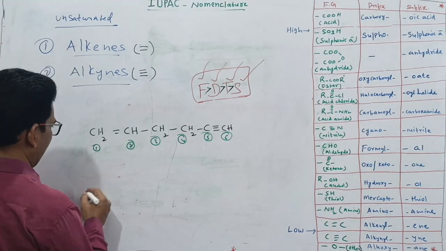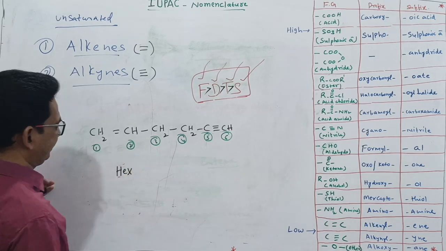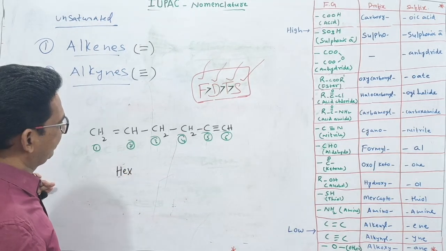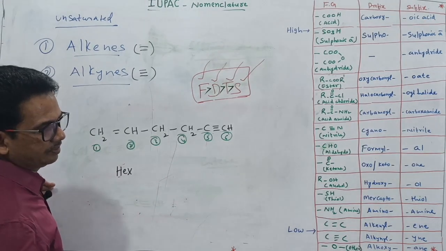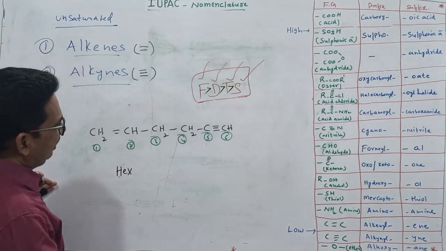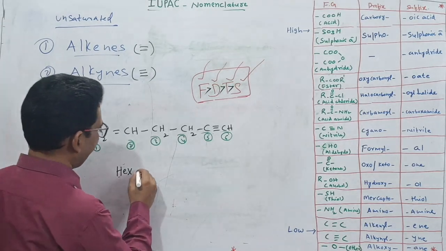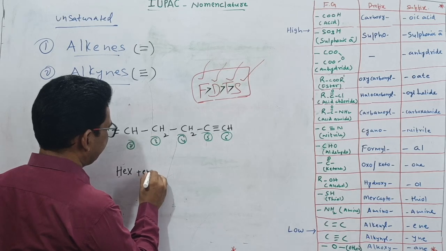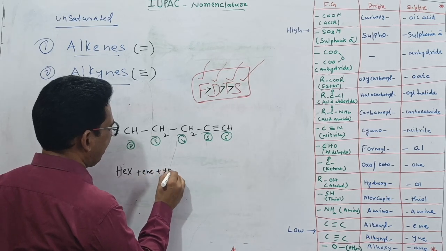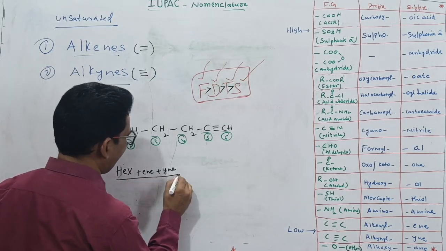Then see, in this case, how are we going to write the name? Word root is hex. Then the double bond will be present at the first position, then the triple bond present at the fifth position. Then first what comes? "ene", then "yne". Hex plus ene plus yne. But we have to represent the prefixes with the numbering.